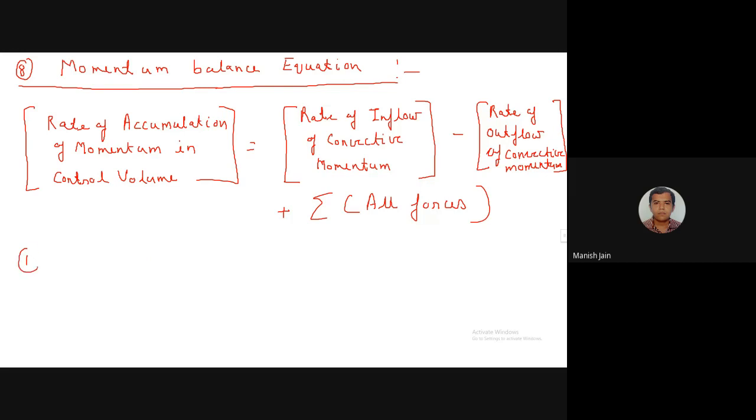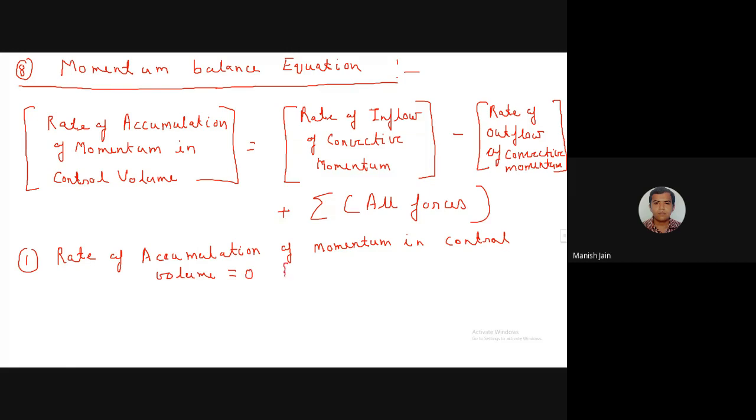So first step, rate of accumulation of momentum in control volume. So the rate of accumulation of momentum in control volume, that is equal to 0.